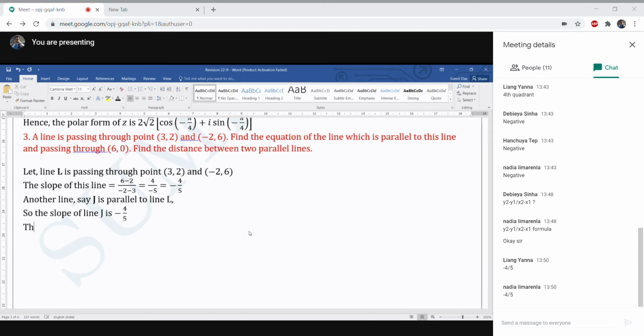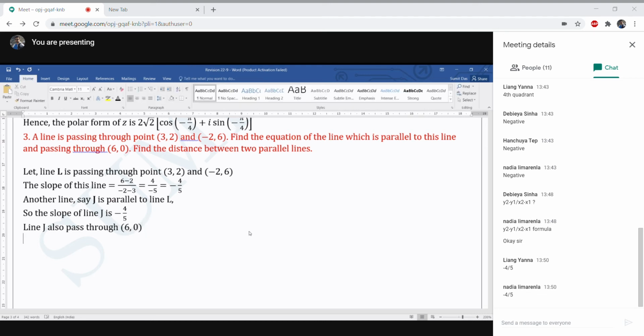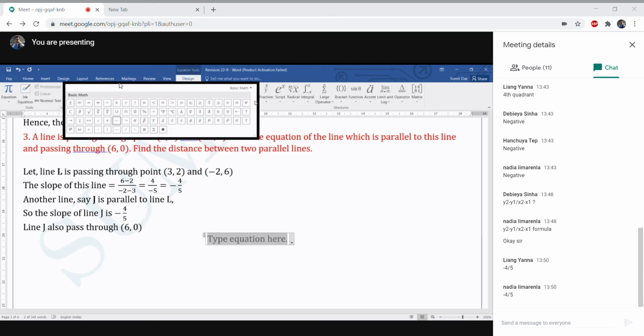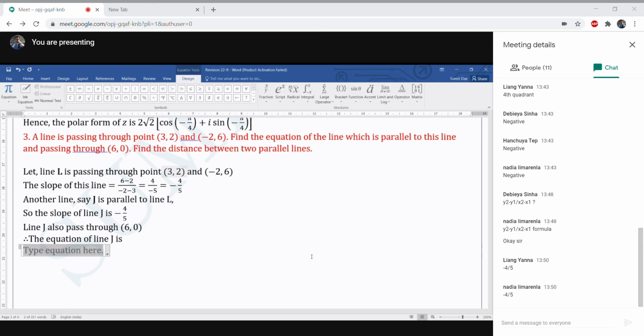Okay, line J also passes through 6 comma 0. Therefore the equation of line J is, we have to use the point-slope form, y minus y naught equal to m, where y naught is 0 and m is minus 4 by 5, then x minus x naught.